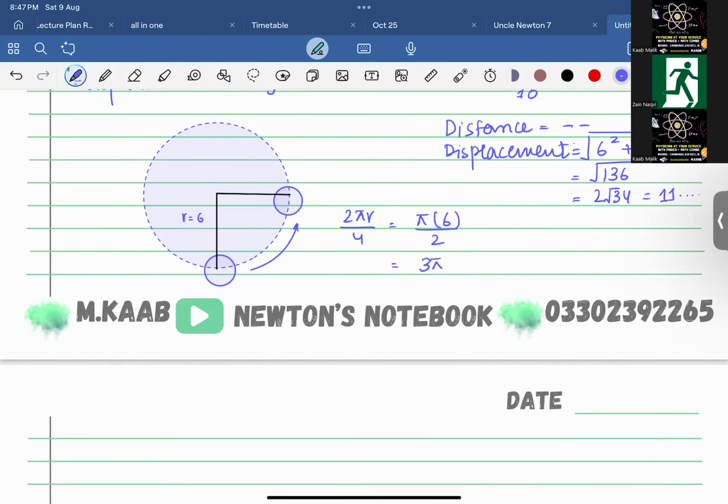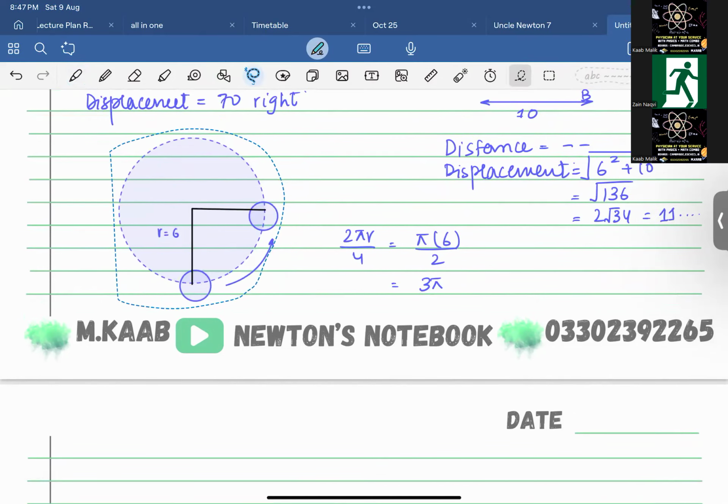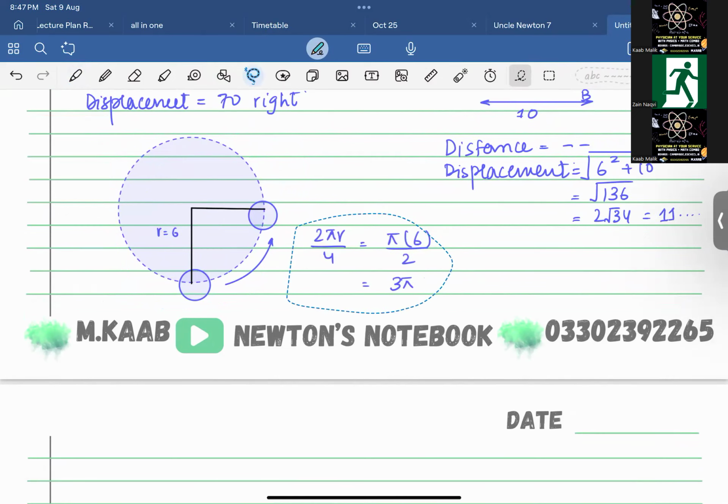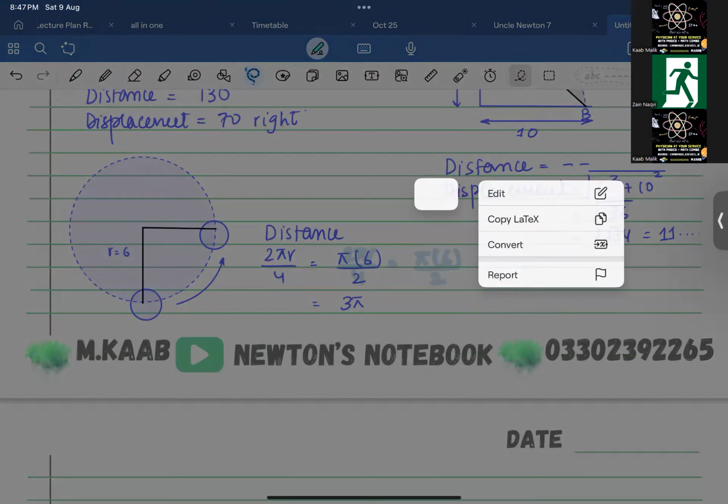What about the displacement? Would it be a triangle again? Yes, very good. If both of them are 6, then it'd be 6 root 2.